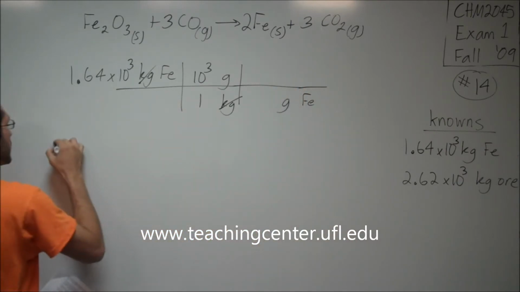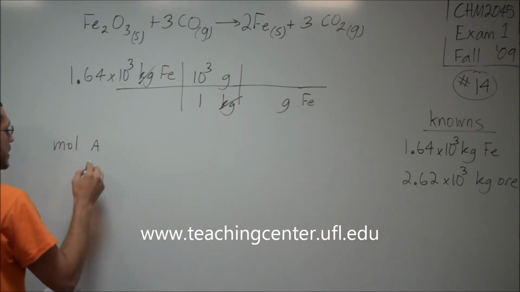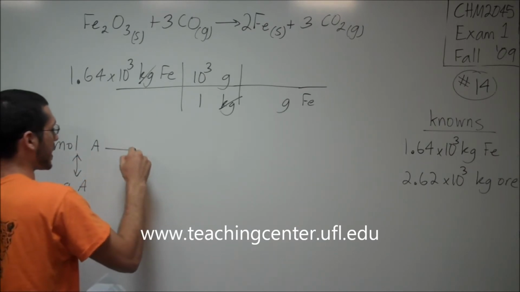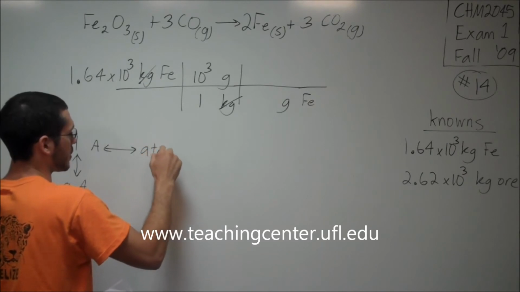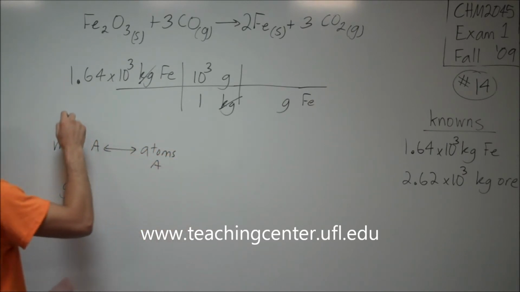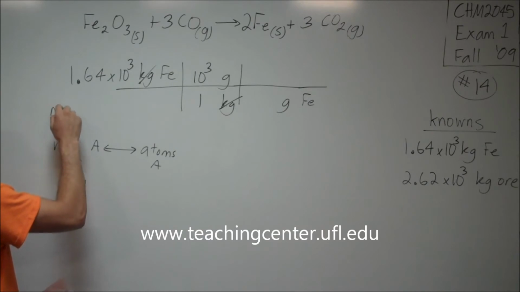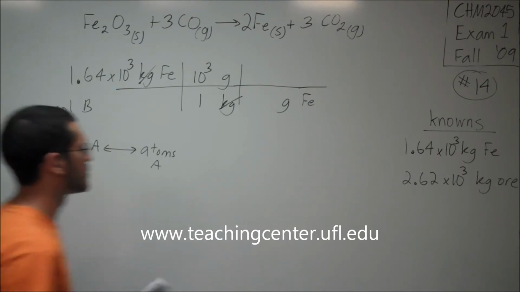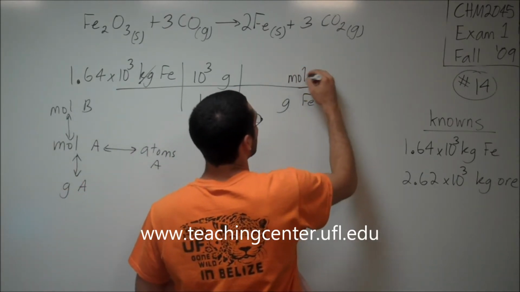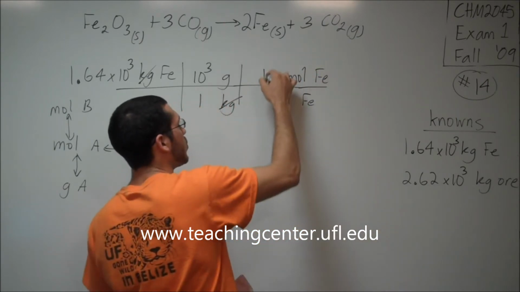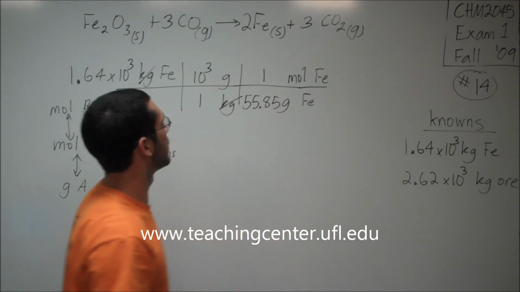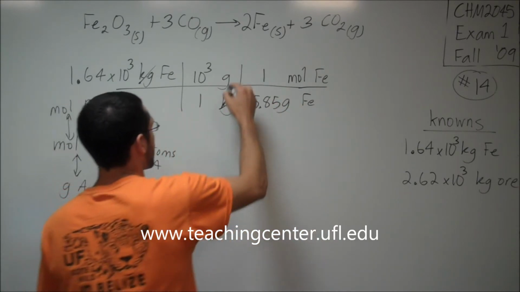According to Mole World, where moles of A can take me to grams of A, or moles of A can take me to atoms of A, or moles of A can take me to moles of B, these are my options. I'm here at grams. I can only go to moles, so why not? So moles of Fe, for every 1 mole Fe, I have 55.85 grams of iron. Grams cancel.